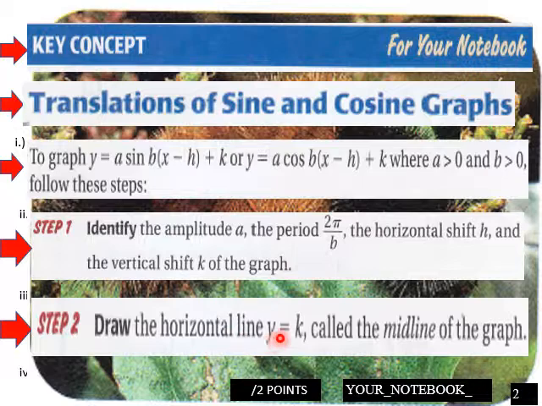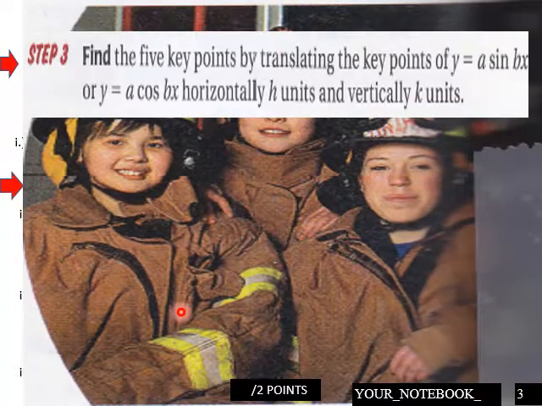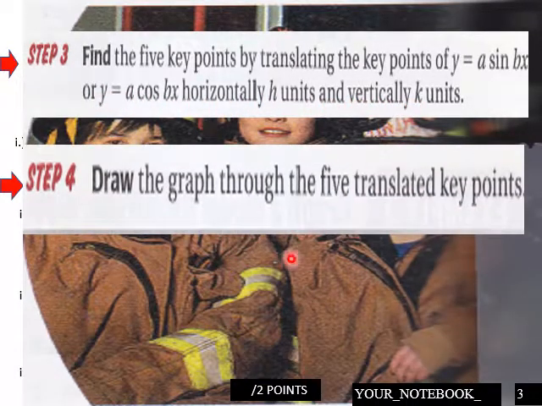Draw the horizontal line y equals k, called the midline of the graph. Then find the 5 key points by translating the key points of y equals a sine bx or y equals a cosine bx horizontally h units and vertically k units. Step 4, draw the graph of the translated points.